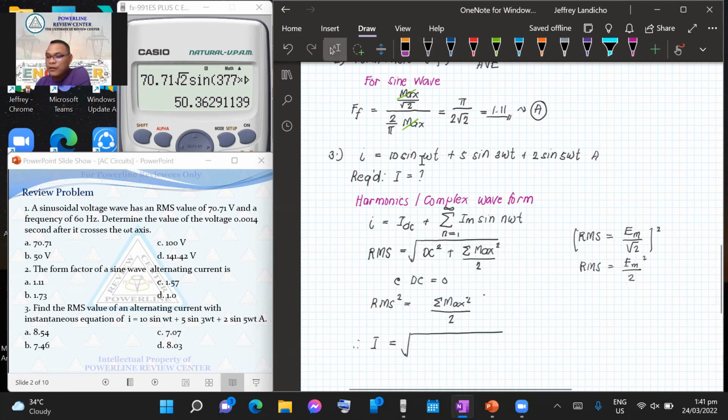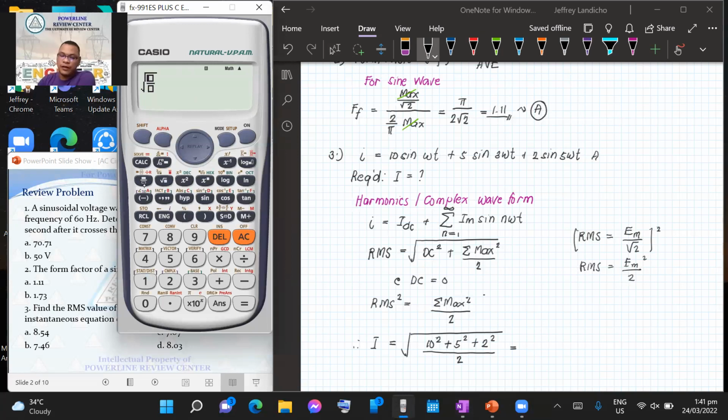The fundamental represents the multiplier of omega, which is simply 1, so that is 10, squared, plus the maximum value of the third harmonics, which is 5, squared, plus the maximum value of the last harmonic, which is 2, squared. Then we divide all of that by 2. So you have 10 squared plus 5 squared plus 2 squared, divided by 2. That should be the answer.